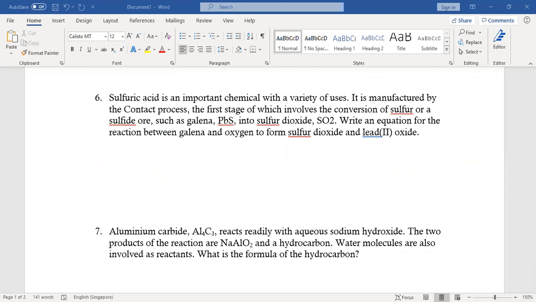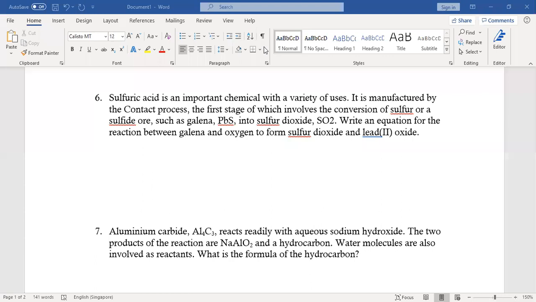So it says that the first stage of which involves the conversion of sulfide ores such as galena, or PbS, into sulfur dioxide. Okay, write the equations for the reactions between galena and oxygen to form sulfur dioxide and lead oxide.